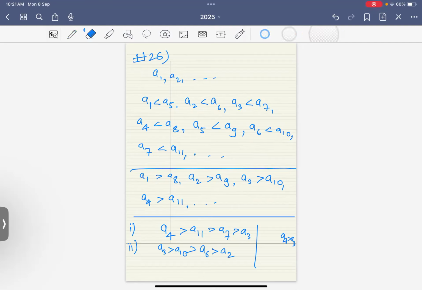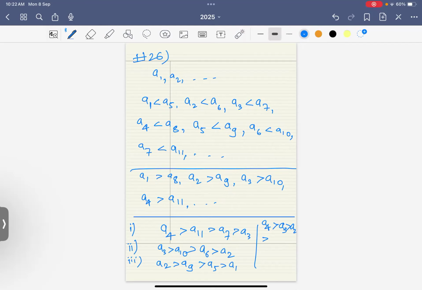So I have A4 greater than A3, and A3 greater than A2. Third, I'll use the condition that A2 is greater than A9, A9 is greater than A5, and A5 is greater than A1. So fundamentally A2 is greater than A1.